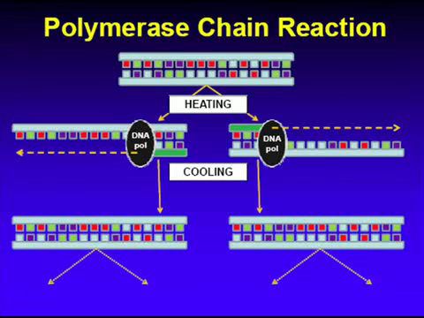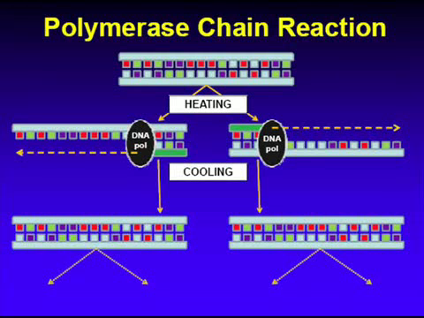In this case, we heat it up. This provides single-stranded DNA to allow binding of primers, followed by cooling to allow DNA polymerase to elongate these strands. Then the heating cycle is started again to denature the DNA to start the whole cycle all over again. And then you'll, of course, have an exponential increase in the number of DNA copies over time.